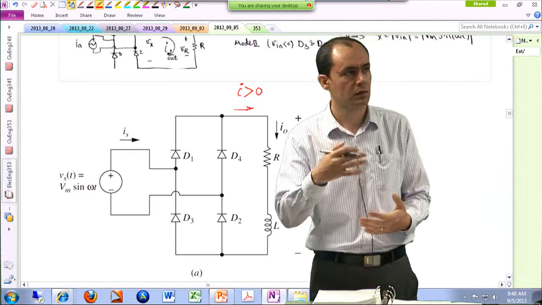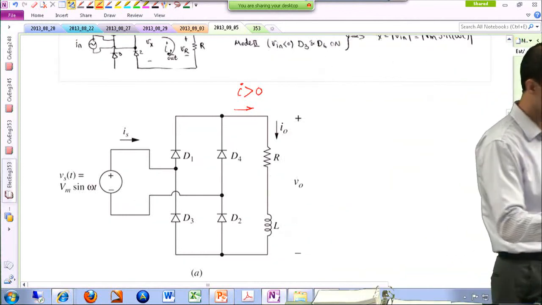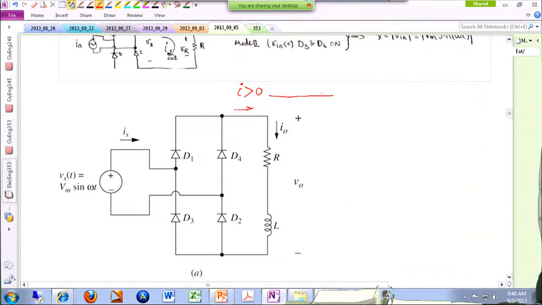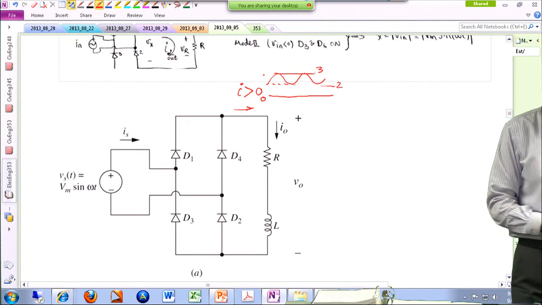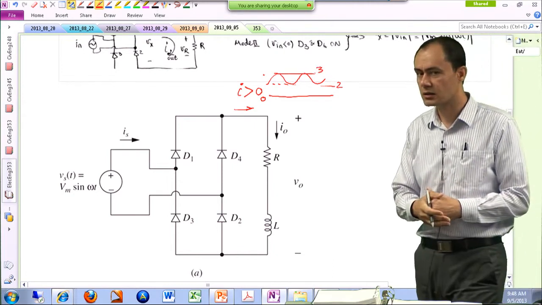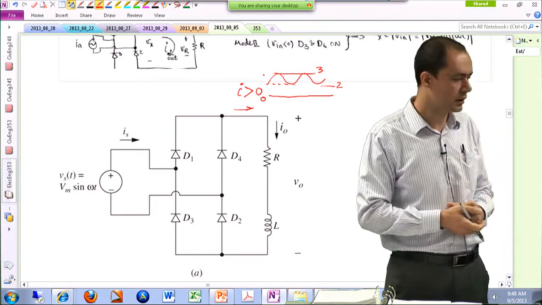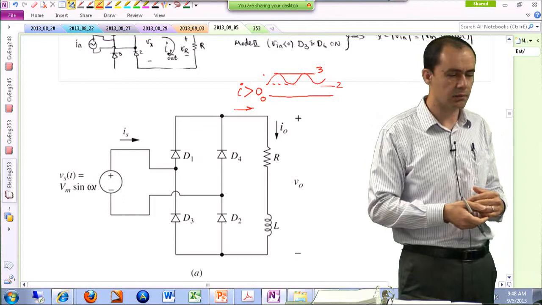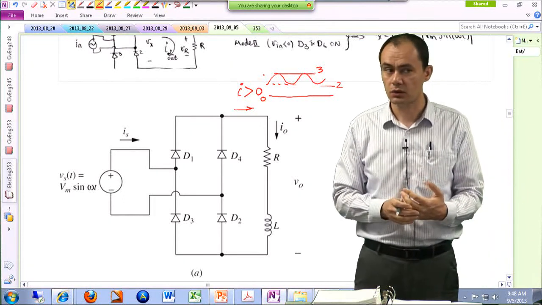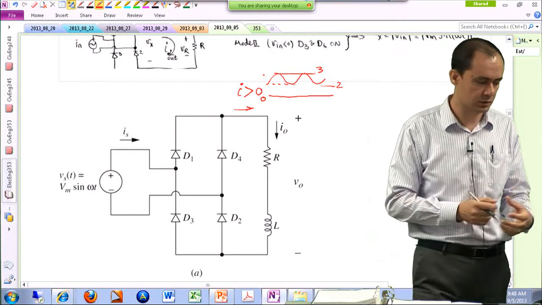If you want to plot it, with this as your 0 level, it's hovering around something like between 2 amps and 3 amps. So it's always positive, and does not even touch the 0 level. Later, when I'm done with the analysis, you have to come back and make sure this assumption was true and valid.